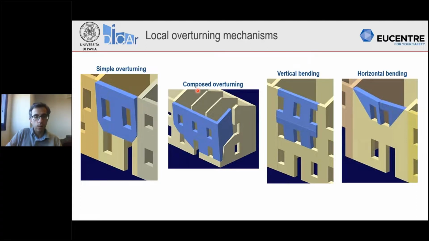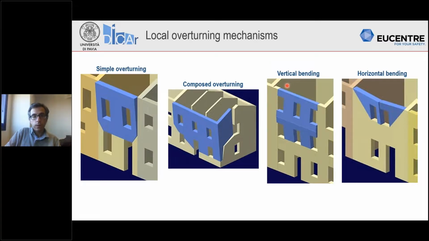Here you can see a more complex mechanism, which also involves a portion of the orthogonal wall. That can take place when, again, the restraint on top is not very good, but the connection with at least these orthogonal walls is quite good.